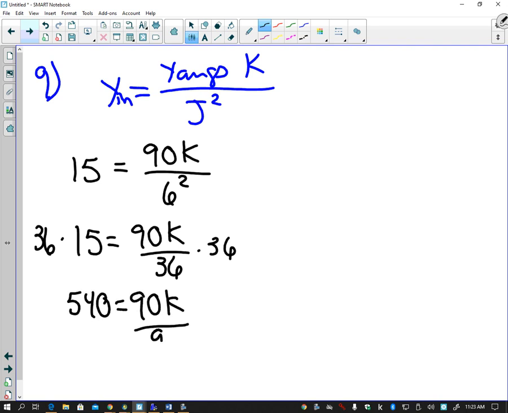Divide by 90. Probably get, what, 6? 60? Is it 60 or 6? Okay, so K equals 6. Then they're going to ask for you to plug 6 in to solve for what I'm guessing is yins.